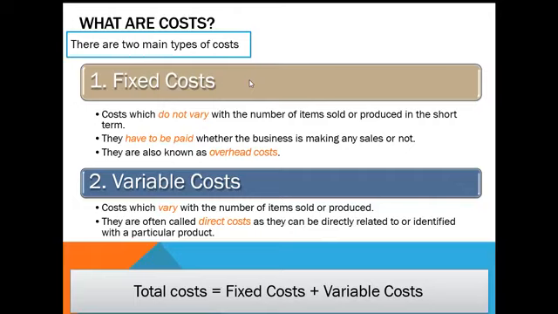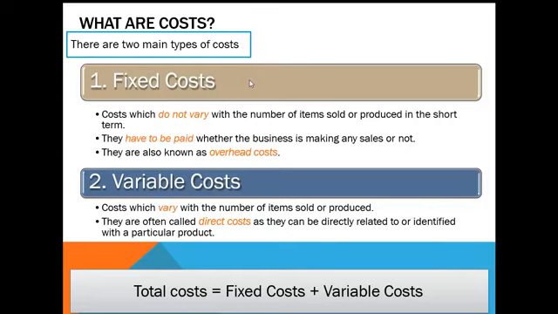When the production reduces, this cost will also reduce. They are directly linked to the production or the sales. And the summation of these two costs is what we refer to as total cost. Variable cost plus fixed cost equals total cost.